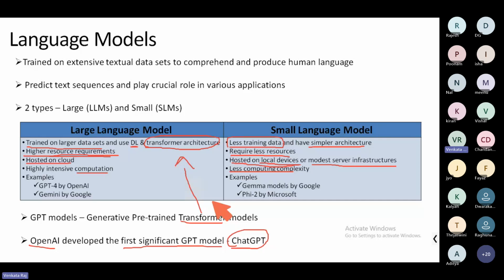Remember, when they are interacting with us, for example ChatGPT is interacting with you at this point of time, it is not going to learn from your interaction. During that interaction it is not going to learn or evolve from your user interaction.